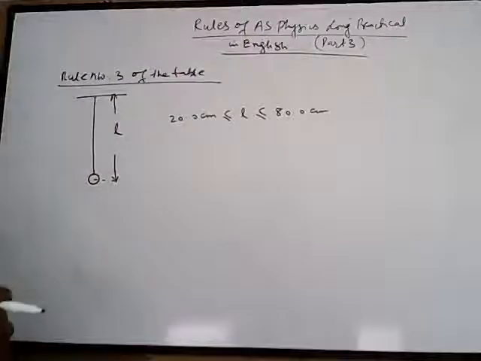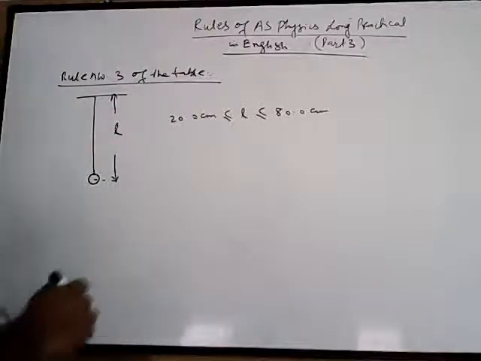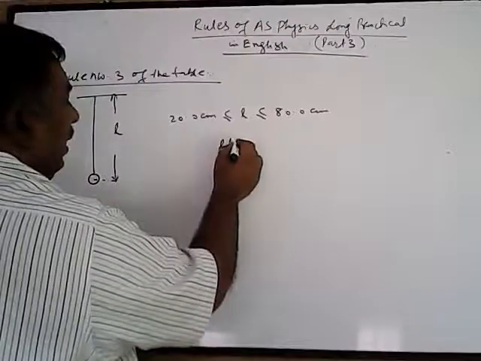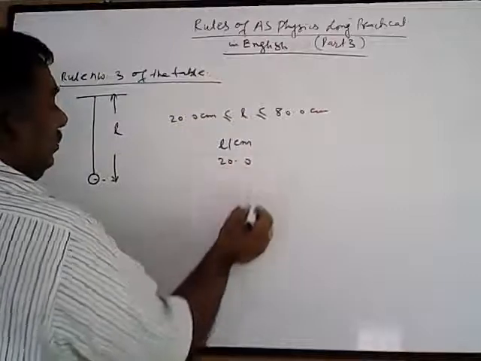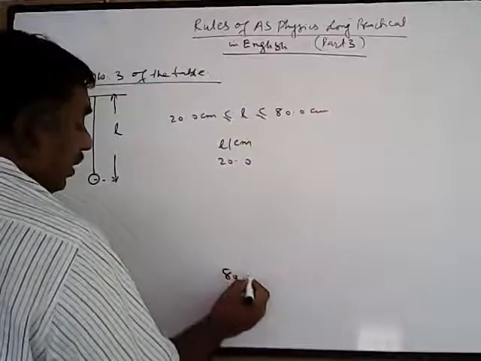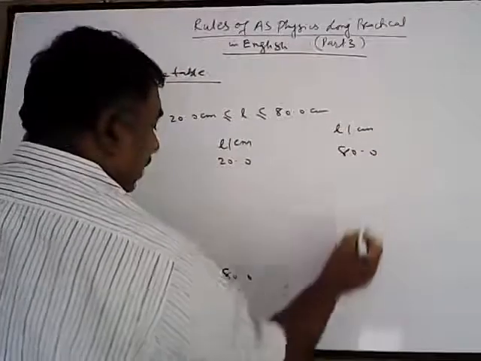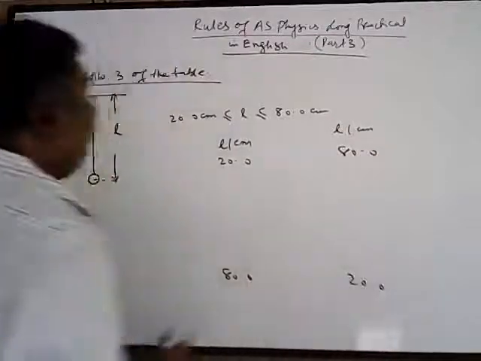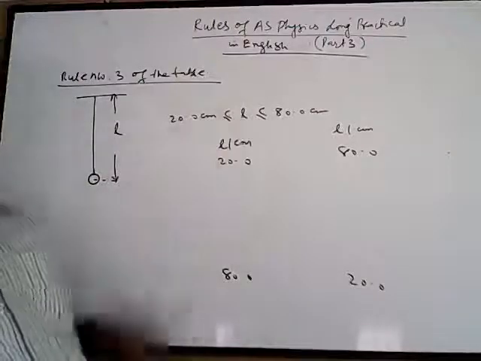It means he is including 20 and 80 centimeter, both inclusive. So what should I take? L in centimeters: I will write either 20.0 at the start and 80.0 at the end, or I can start from 80.0 and end with 20.0. I have included the maximum and minimum values because he has included them.